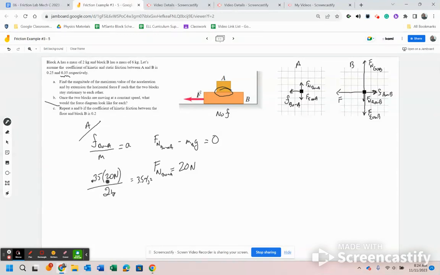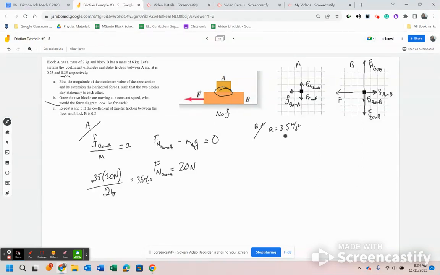Basically, this tells us that for any force larger that allows both objects to accelerate greater than 3.5 meters per second squared, the surfaces of A and B will slip and they will be accelerating at various rates then. So now looking over at B, the assumption we can make about the acceleration is 3.5 meters per second squared.